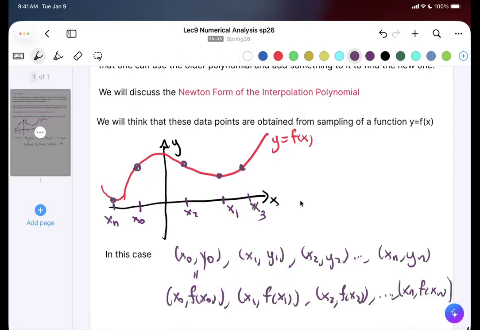Again, it's more of a psychological thing, where you want to think of these y values as coming from the values of a function. It's not necessary, but in practice it is one of the ways it is actually used, so it's a good thing to have in mind.